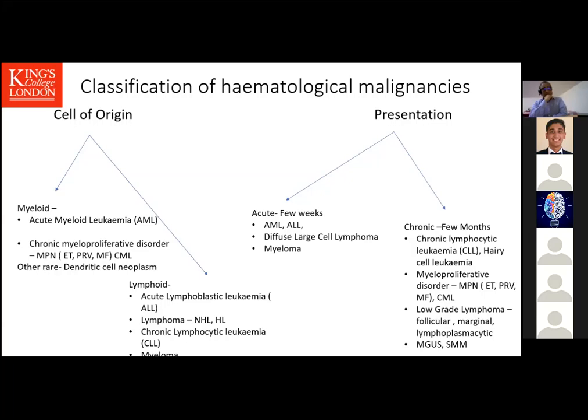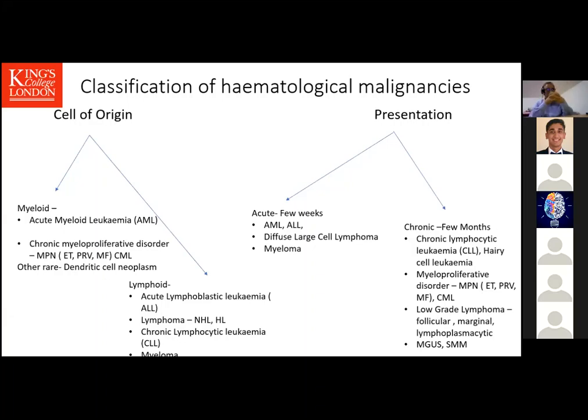Classification of hematological malignancies: we can classify them by cell of origin, whether it's myeloid or lymphoid, or according to presentation, whether they present in a very acute, stormy fashion, or in a very indolent, insidious fashion. If we think about cell of origin, we have myeloid and lymphoid.